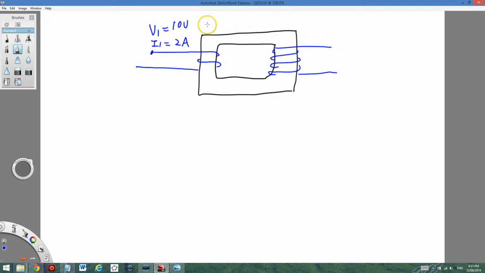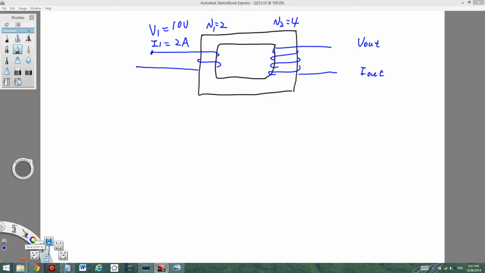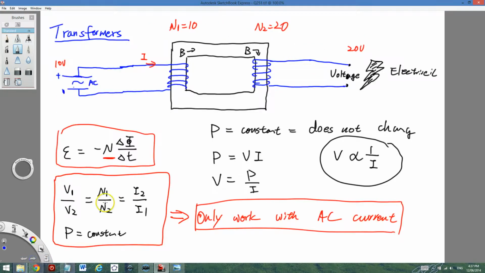On the left hand side, the number of coils will be 2. On the right hand side, the number of coils will be 4. I can find the voltage and the current using the equation. If you need to memorize it, put it on your formula sheet.